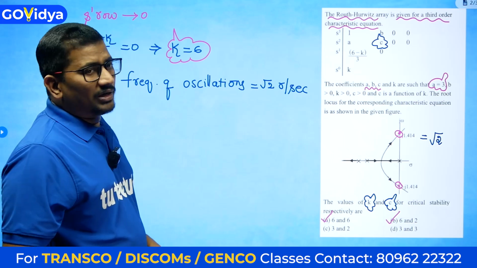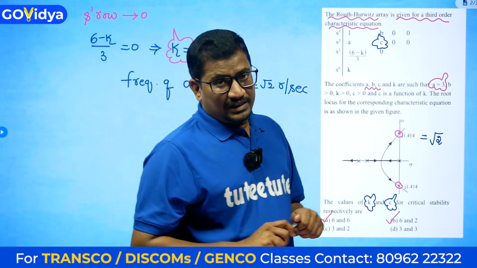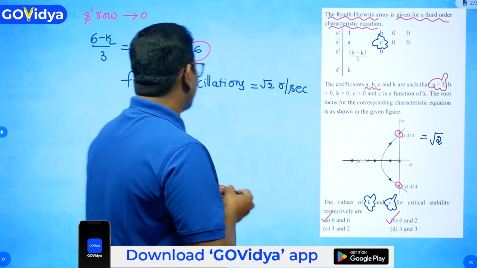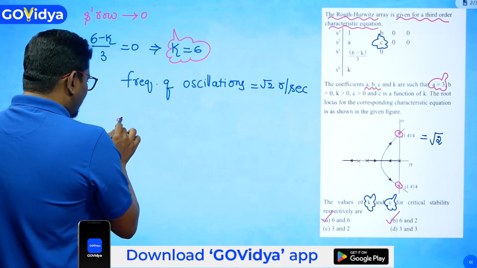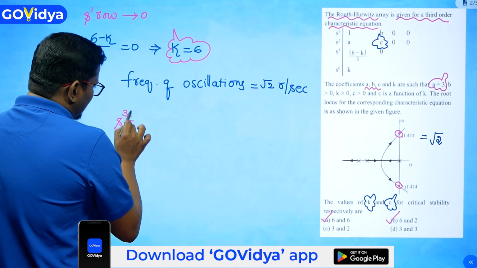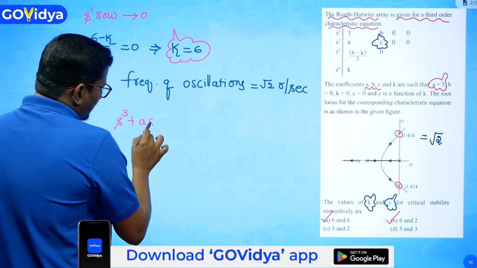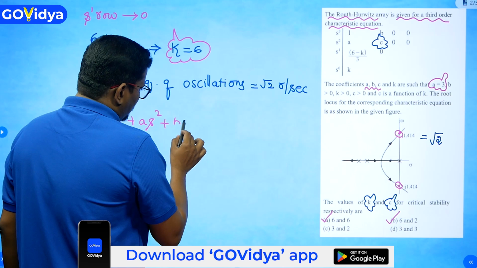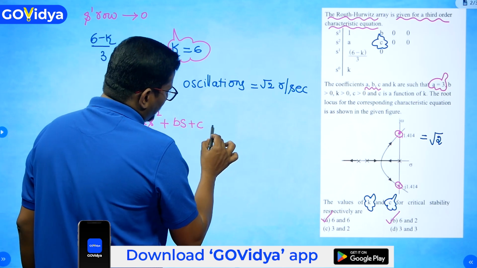Now we know the formula from the characteristic equation. By using RH criteria, we developed one shortcut. For example, this is the third order characteristic equation, s cube plus a s square plus b s plus c equal to 0.